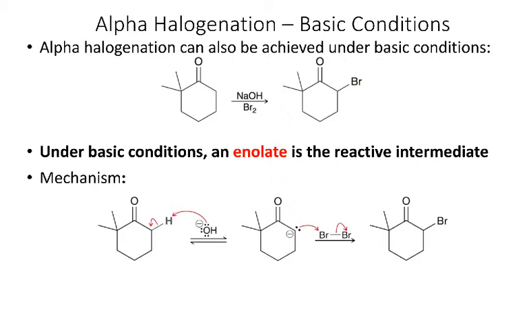Now, this mechanism is a little bit simpler than the one under acidic conditions, or at least it's shorter. First, we're going to deprotonate our ketone to give us the enolate.